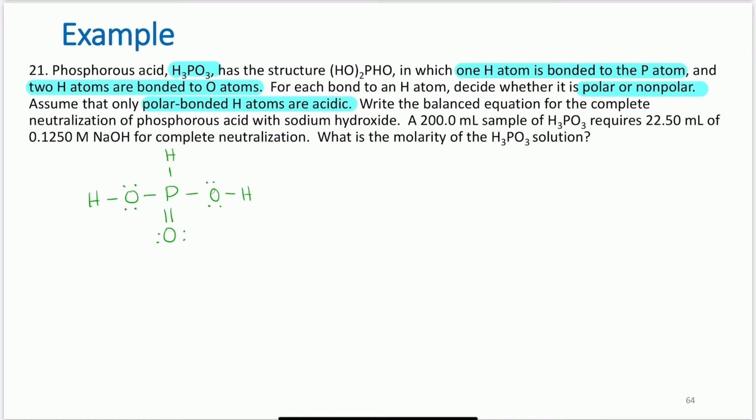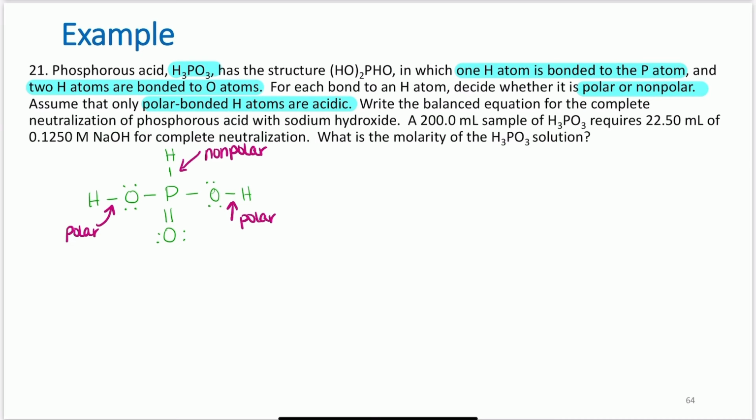And it says, for each bond to a hydrogen atom, decide whether it is polar or nonpolar. Assume that only polar bonded hydrogen atoms are acidic. This is nonpolar. This is polar. This is polar. You can go back and check your electronegativity if you're unsure or don't believe me, but otherwise you can just trust me and move forward for now.